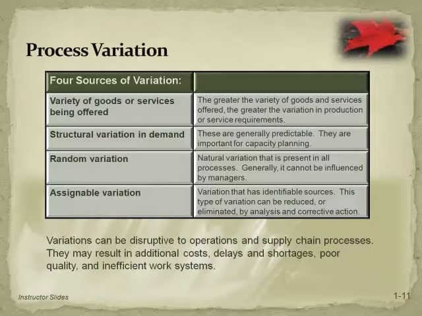And we can categorize those causes, those sources of variation, into 4 areas shown on this slide. So one would be just the overall variety of the goods and services that we produce. If we have a product that comes in several different sizes or shapes or colors, each of those introduces a certain amount of complexity, being able to manage and control all those different sizes and shapes and colors.